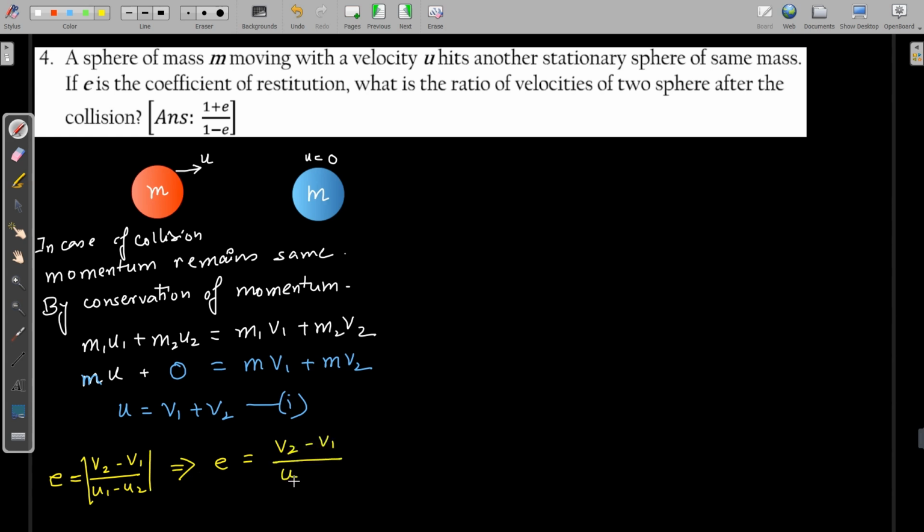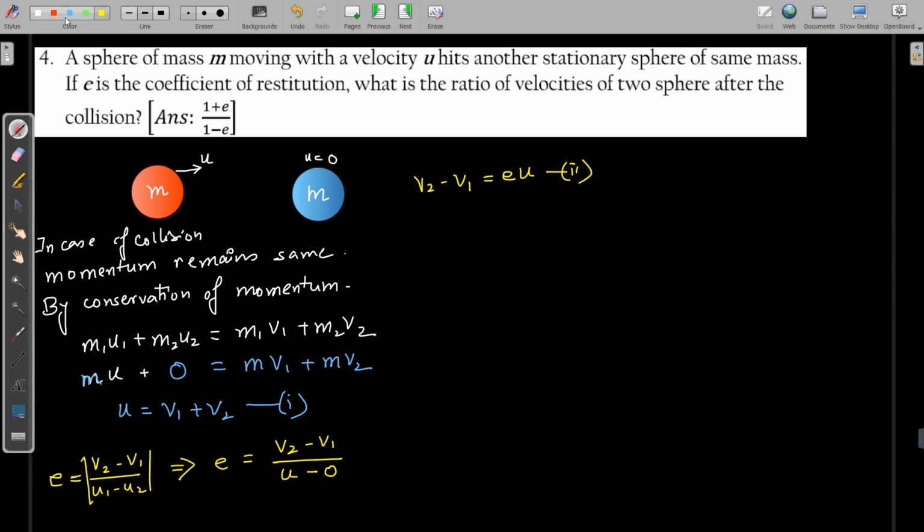What is the initial velocity? u. Initial velocity of body 2 is 0. So from here, v2 minus v1 is equal to e into u, right? So this is equation 2.